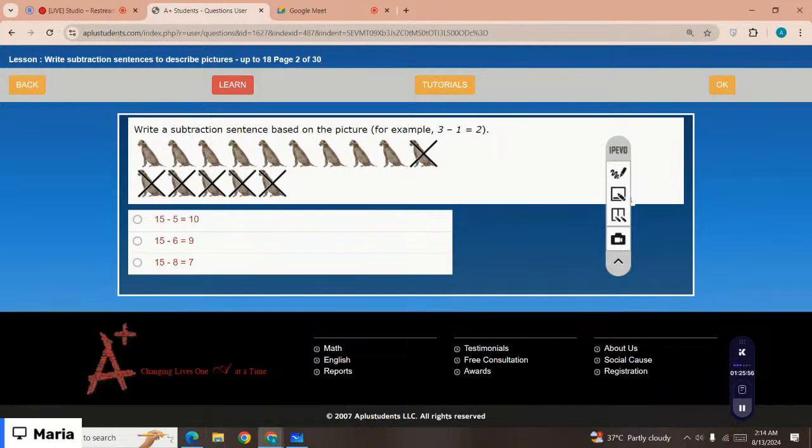They are 1, 2, 3, 4, 1, 2, 3, 6. That is 15 take away 6 equals 9. Yes, that's option number 2. 15 take away 6 is 9. Option number 2 is the correct option.